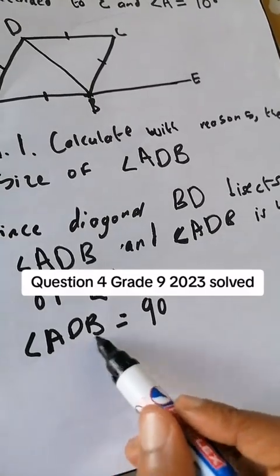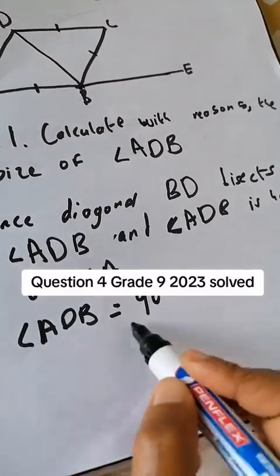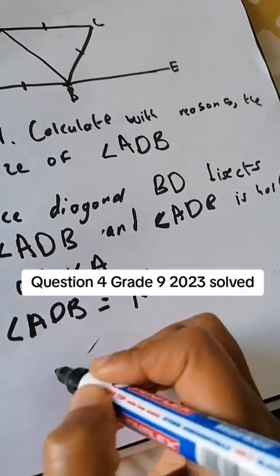So you can say that this angle is equal to 90 degrees, and then you can also add the reason.